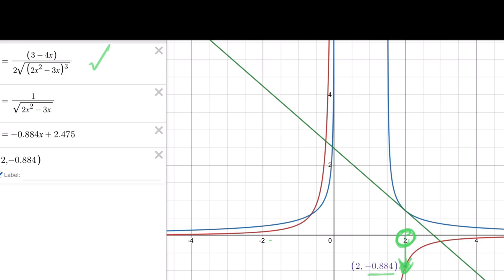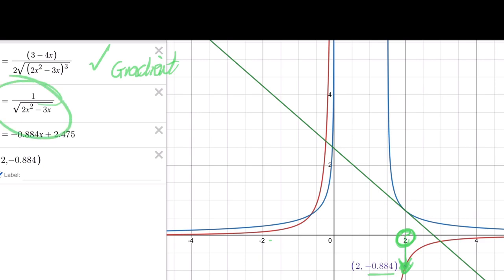And remember that this red graph is showing us what the gradient is. It's the values of the gradients for all the points of x. So that means that the solution it gives me is the gradient of the original graph.